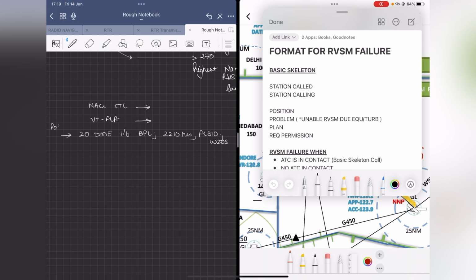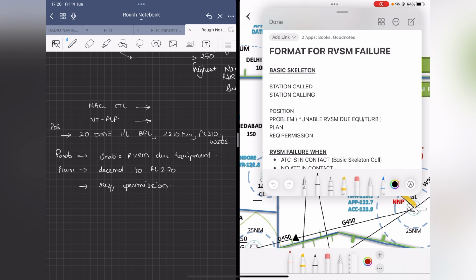That's my position. What is my problem? My problem is that I'm unable RVSM due equipment. What's my plan? My plan is to descend to flight level 270. Request permission.